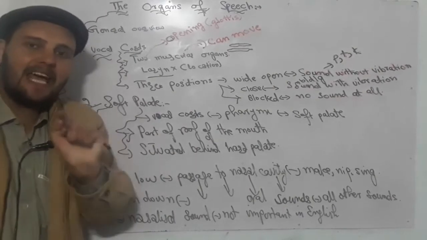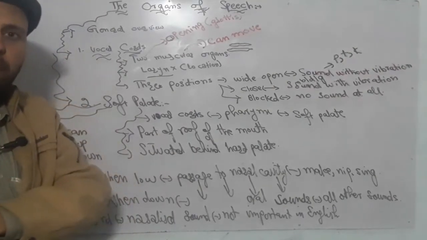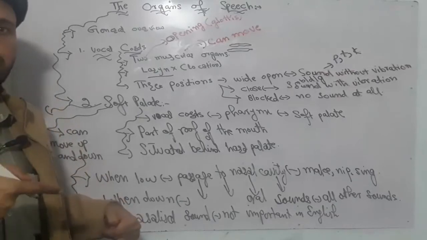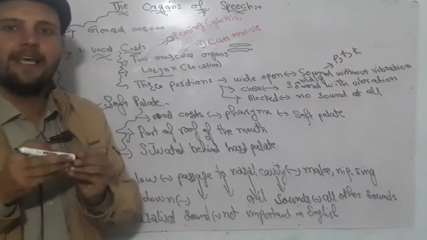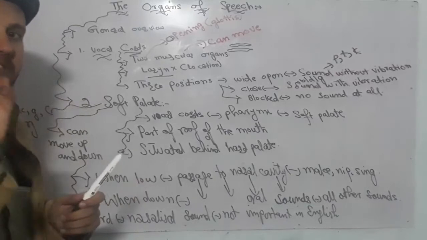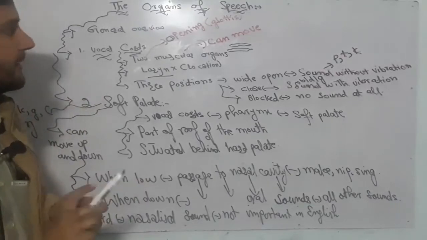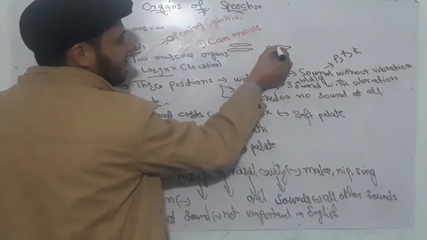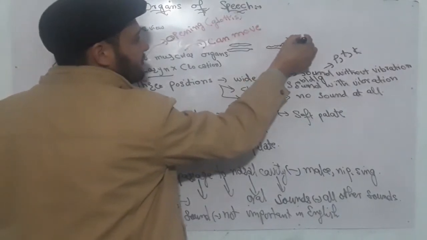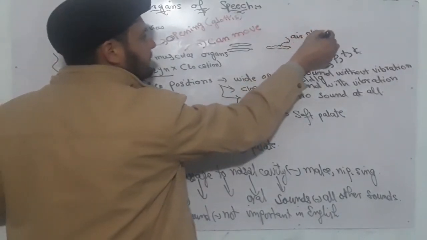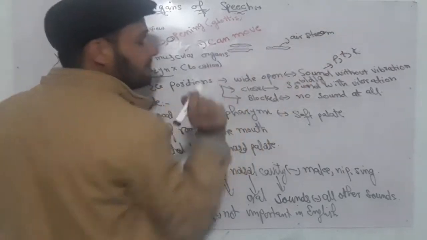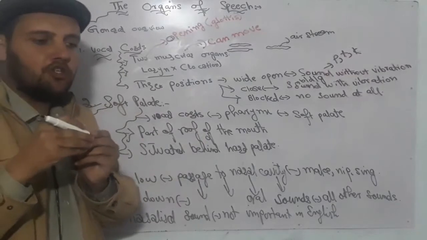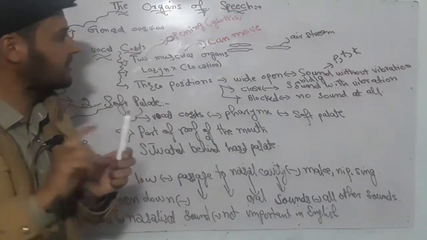Now when the airstream comes from the lungs to the vocal cords, they can behave in three different positions. For example, if I call this the airstream, and these are my vocal cords, the vocal cords can adopt three positions.